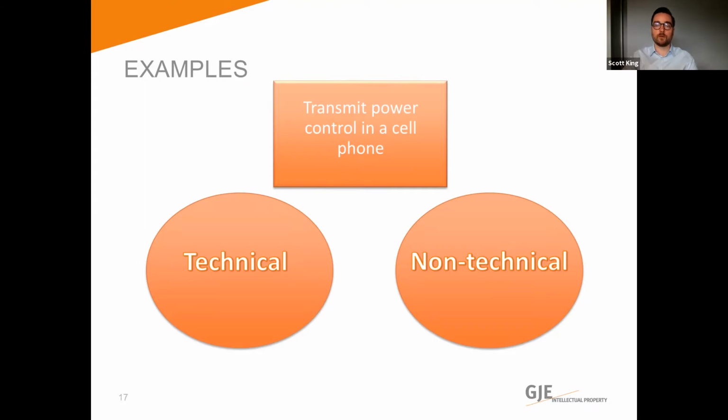Whereas when the mobile phone is in a region with poor signal, so it's further from the base station, the power that's supplied to the transmitter is increased, so the signal is improved. So this means that the mobile device can save power when in high signal areas without being at the expense of signal quality. So is this technical or not?